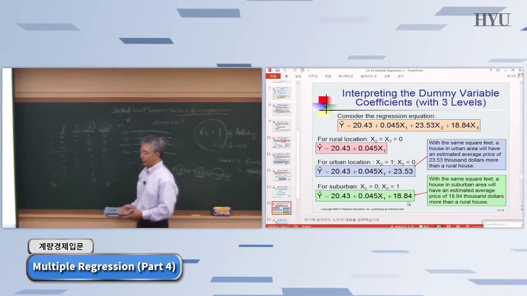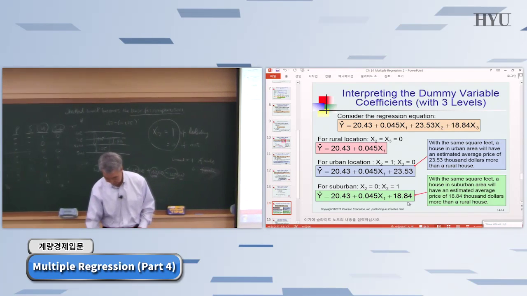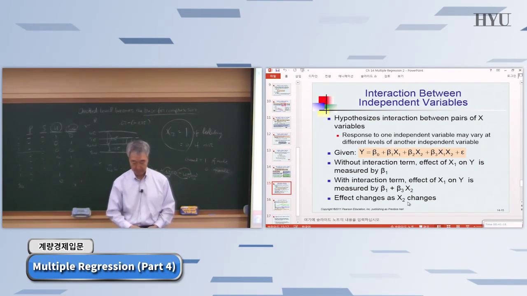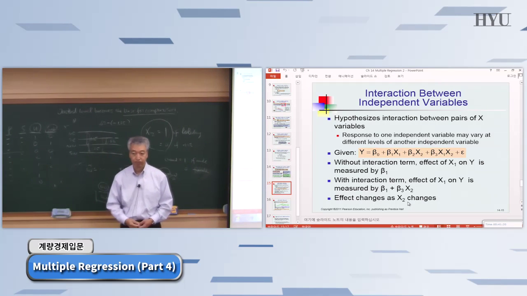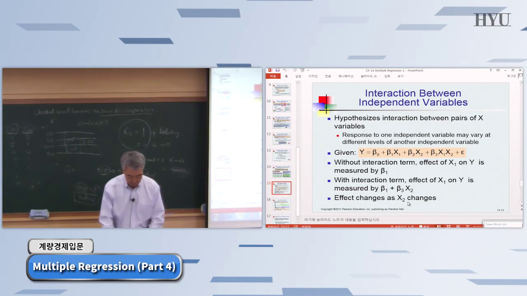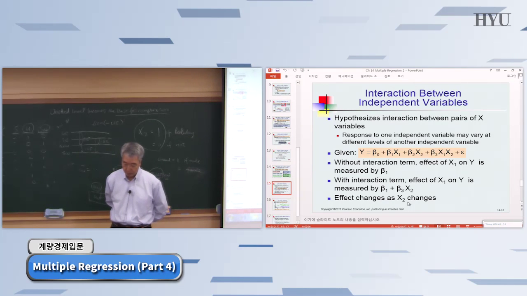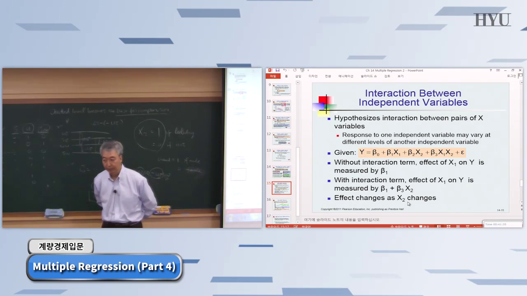Any question about the dummy variable? Good. In your project, you will have to create some dummy variables, and I'm sure you will enjoy using this concept. It's quite a useful concept.